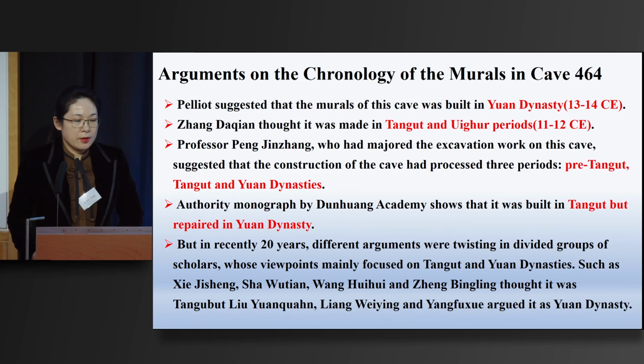But in the recent 20 years, the arguments have been divided between groups of scholars whose viewpoints mainly focus on Tangut and Yuan Dynasty, such as those scholars. But in my opinion, what I'm talking about today is the Yuan Dynasty.